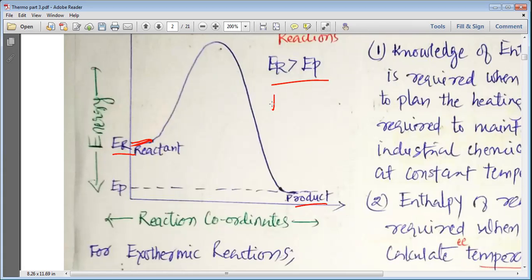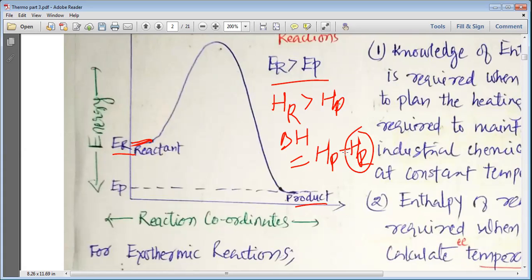That means the enthalpy of the reactants is also going to be more than the enthalpy of the products. But we are all aware that ΔH is equal to the enthalpy of products minus the enthalpy of reactants. So this value, which has a negative sign before it, is more than the value of this. So ultimately we are going to get a negative answer.